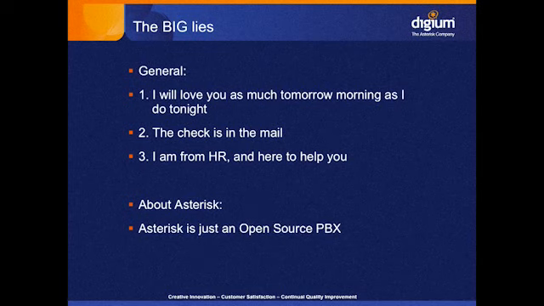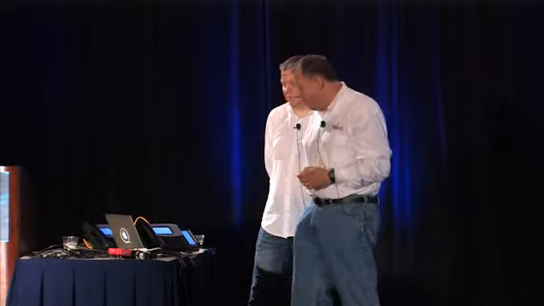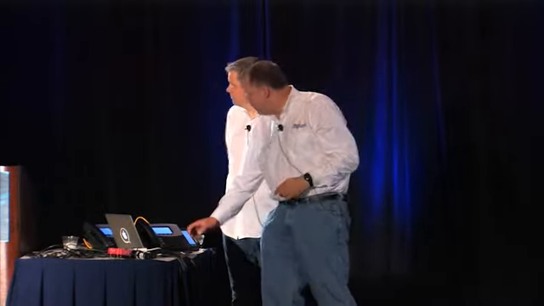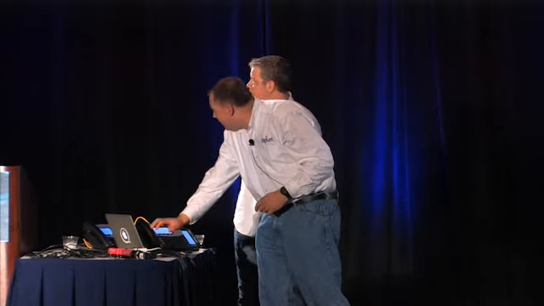The lie is that Asterisk is just an open source PBX. That's a big lie, because those who know Asterisk know that Asterisk is really a very flexible and powerful open source communications engine that you can set up to do pretty much anything you want. A lot of people do set it up to be an open source PBX, but it's actually much more powerful and flexible than that.